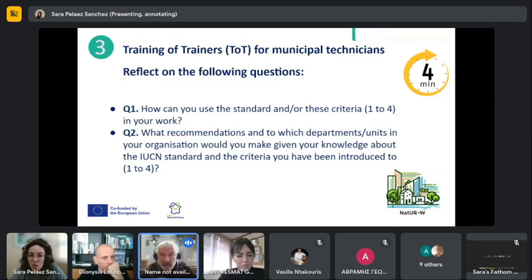So the IUCN standard would be very useful, and I think this training and the material you will send on, I will discuss with my colleagues in order to improve their understanding of nature-based solutions and why they should be used, what that means, how they can be described and how they can be implemented. I hope that answers the questions that are there. It will be very useful to us when we're informing colleagues in other sections in the municipality.